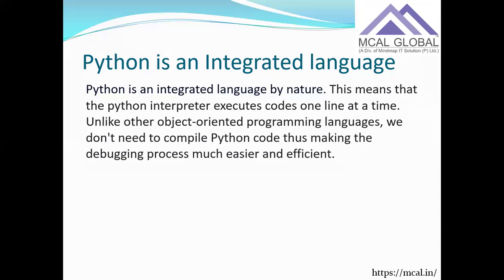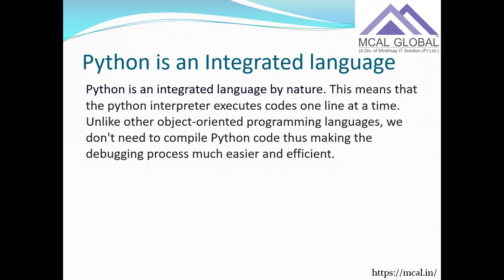Unlike a compiler, it doesn't give you all the errors in one place, like 100 or 50 errors at one time, for you to debug from a list. In the case of an interpreter, it gives you the error along with its location, and then you debug that particular thing.